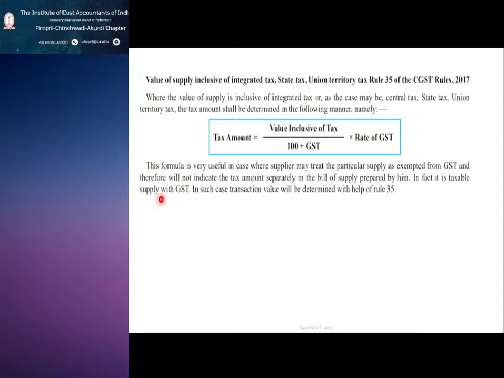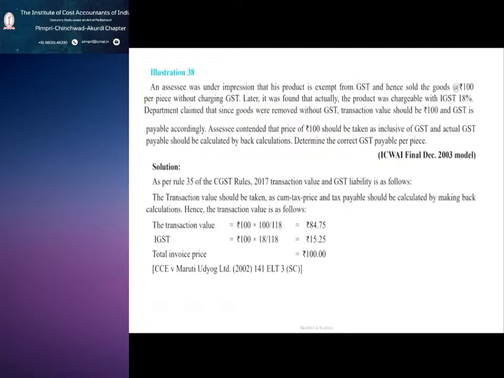In fact, it is a taxable supply with GST. So there are some scenarios where you treat that supply as an exempted supply, that means no GST on that particular product. Later you come to know it is a taxable one. Suppose the department asks, it is not an exempted, it is a taxable supply. Then what we have to tell, that amount is including GST.